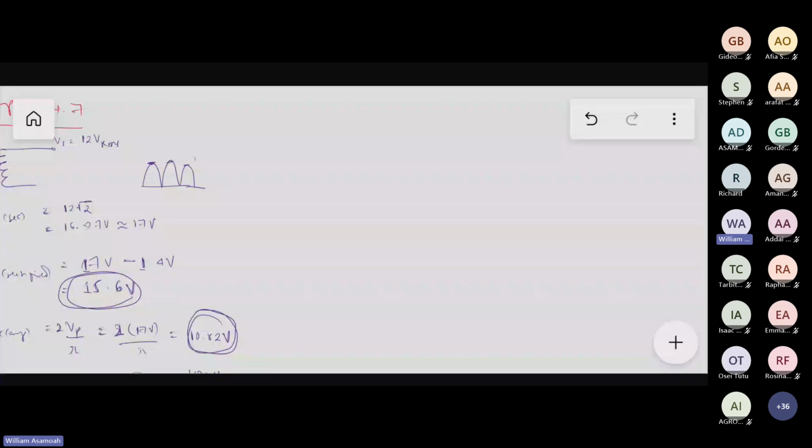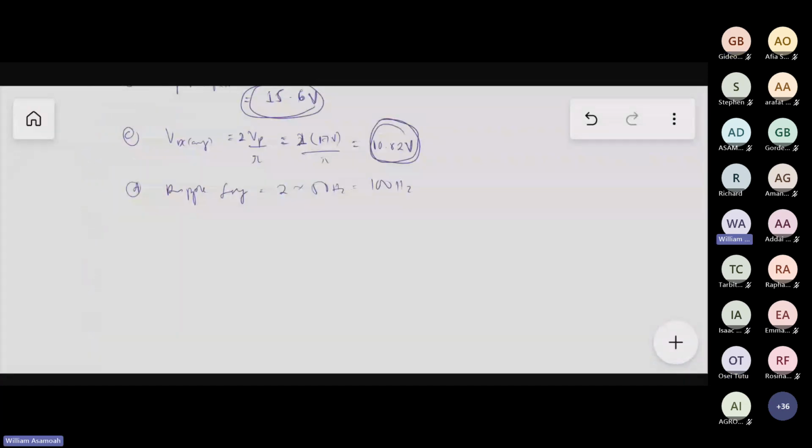So a capacitor that is going to be used to rectify must withstand a minimum of 15.6 volts. If the capacitor's voltage is not up to this, the capacitor will burn.